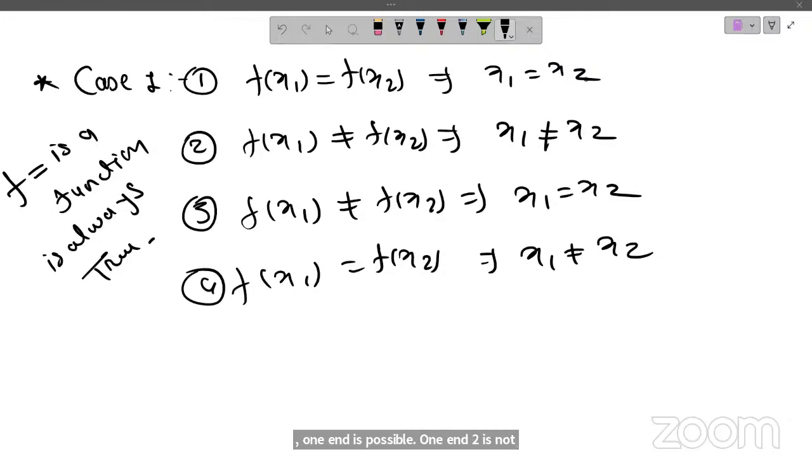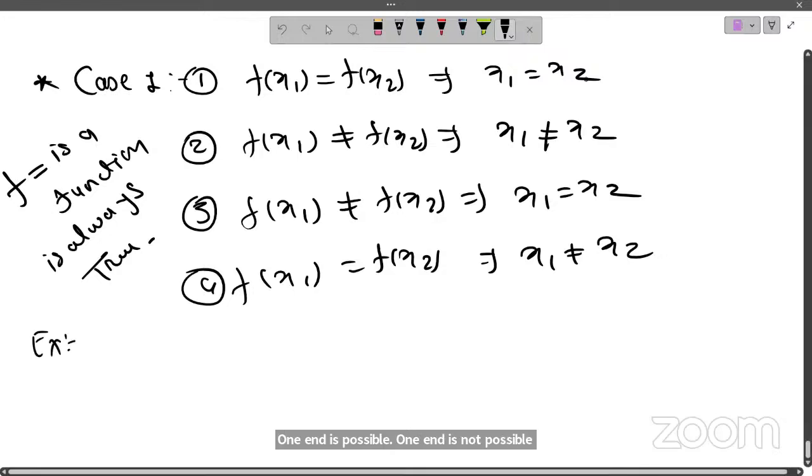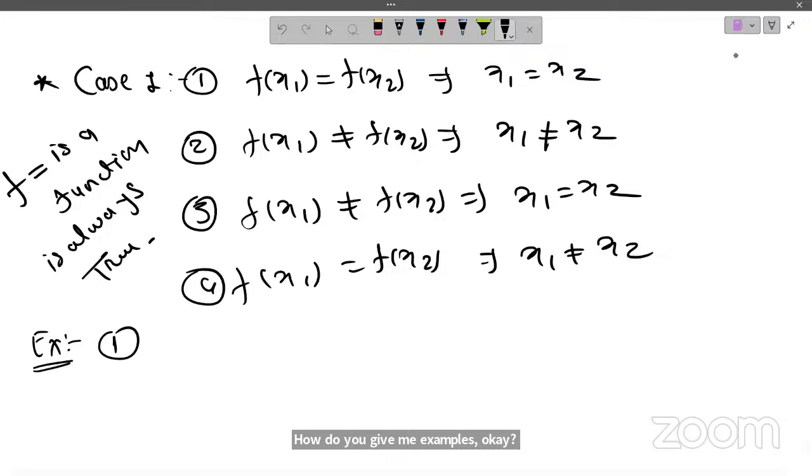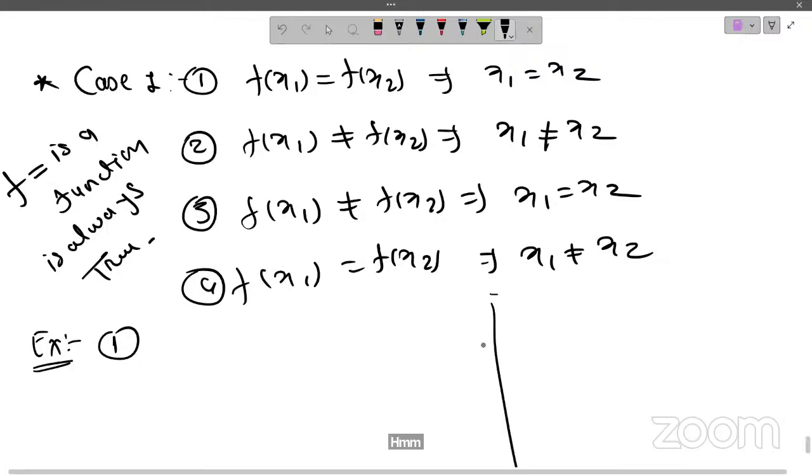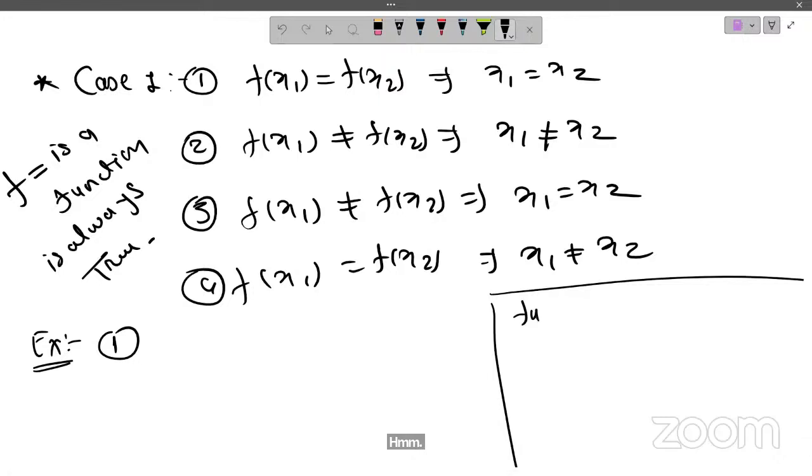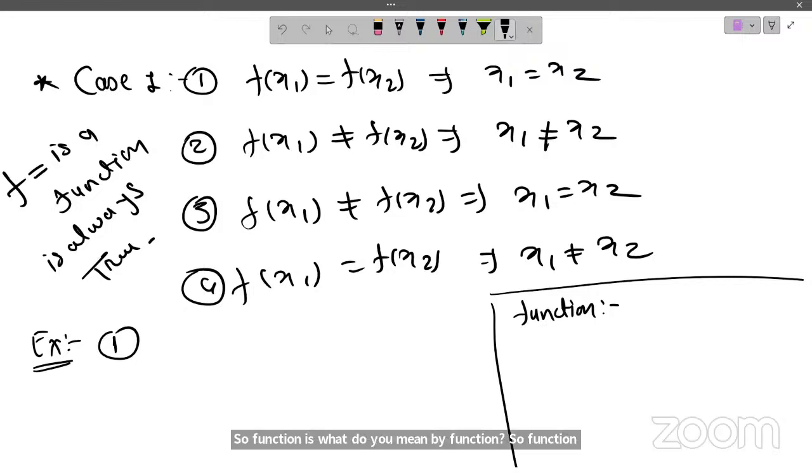I'll give you examples, then it will be more clear. For 1, you guys understand what we mean by a function, right? I will recall it once again. You can think of a function like a machine which takes something from some place and gives some output.